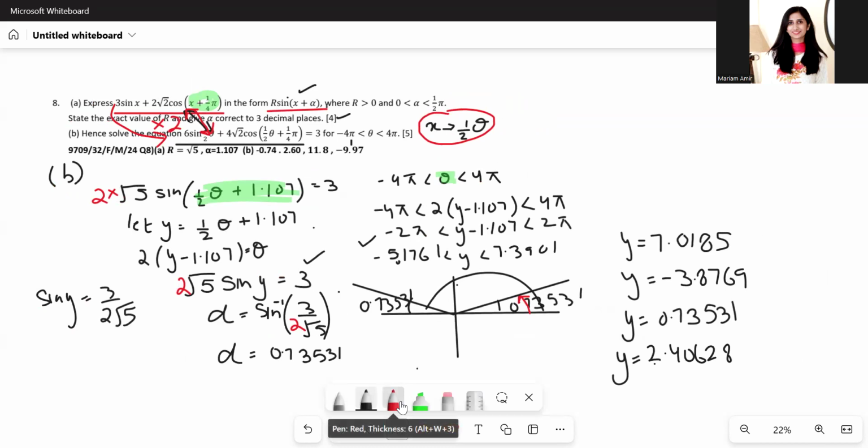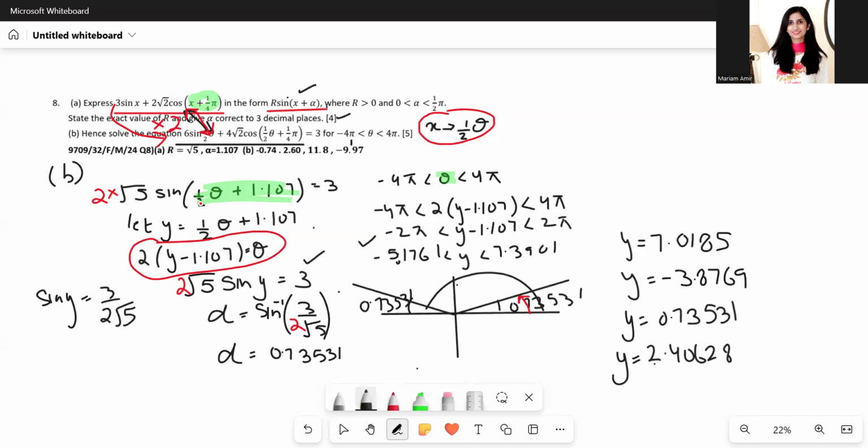We will use this formula and get the four values of theta. So if you replace the y with these values, you're going to get all these angles. Let me try. It's all the four values of theta. So 7.0185 minus 1.107, answer times 2 gives us 11.8.